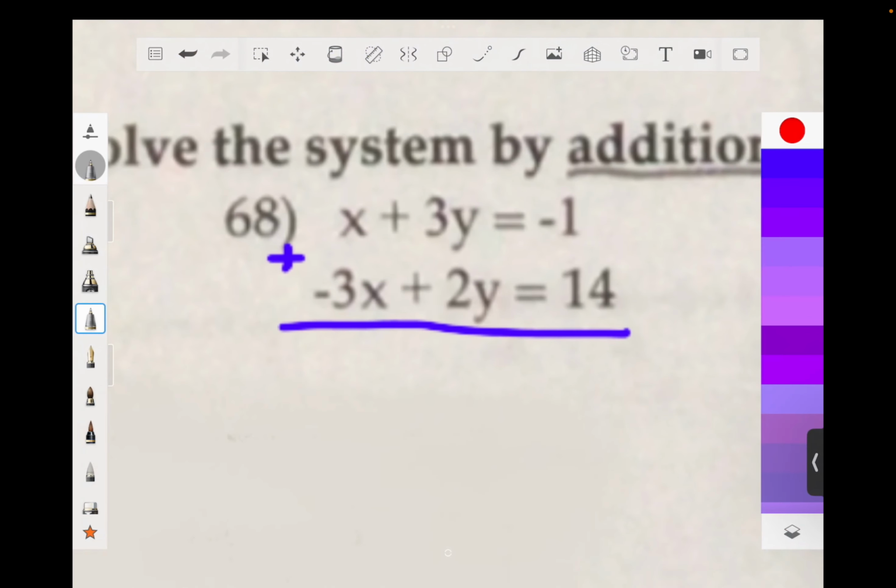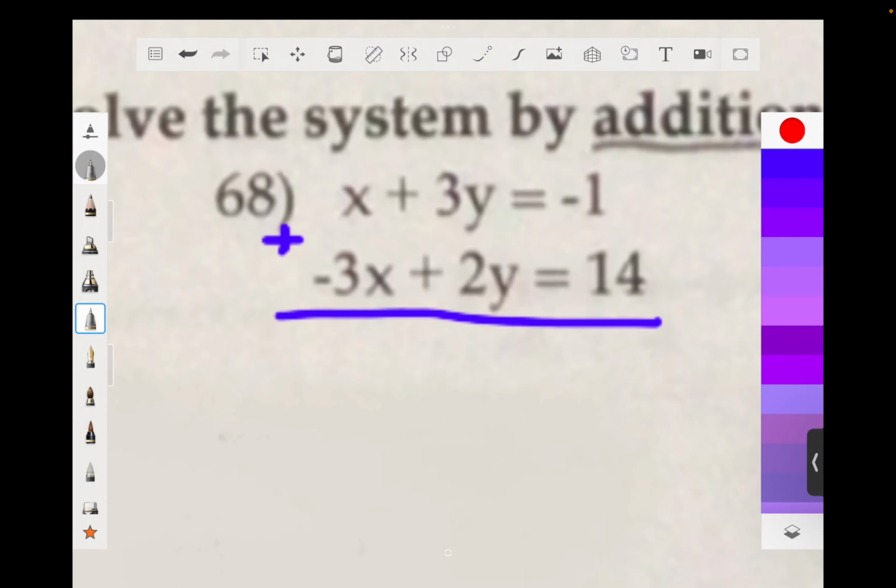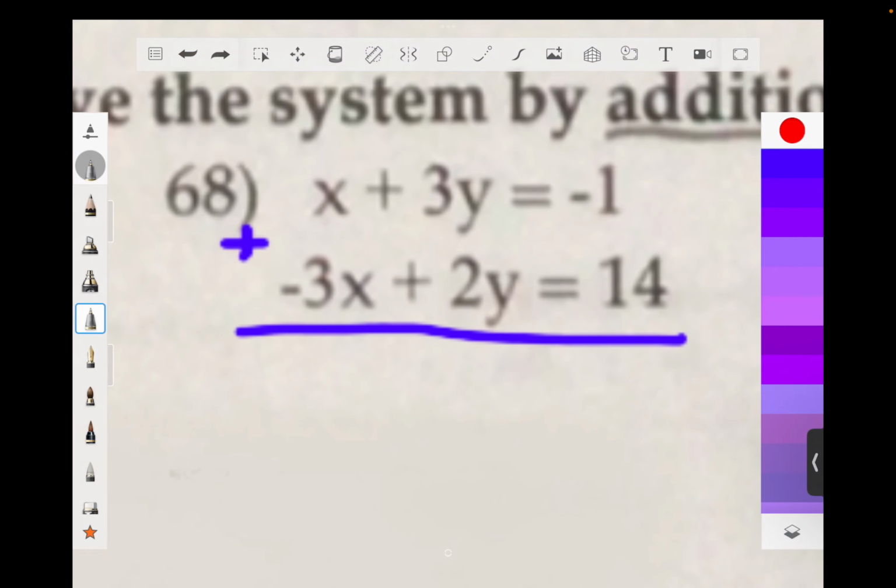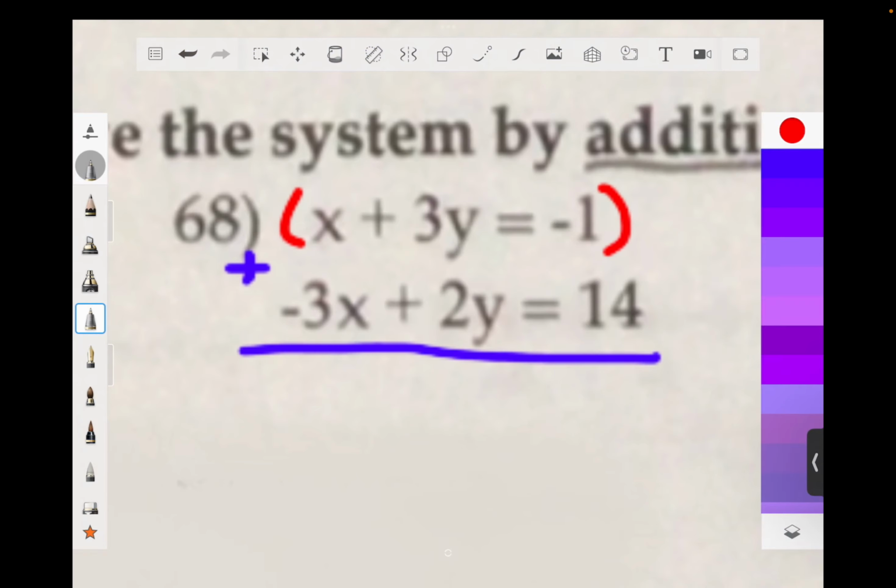So for addition, we typically want to zero out one of the variables, so we're just left with 1. The way we do that is we multiply one of the equations by a whole number, right? And so for simplicity's sake, let's just multiply this top equation first. If we want to get rid of this negative 3x here, then we have to multiply this top equation by positive 3.